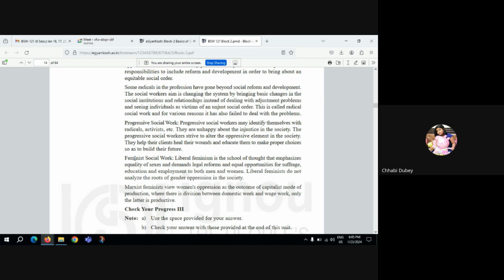Again, another approach is feminist social work, which deals with the liberal feminism school of thought and emphasizes gender equality, equality of sexes, legal reforms and equal opportunities in every field. So these are the various approaches of social work that are there.